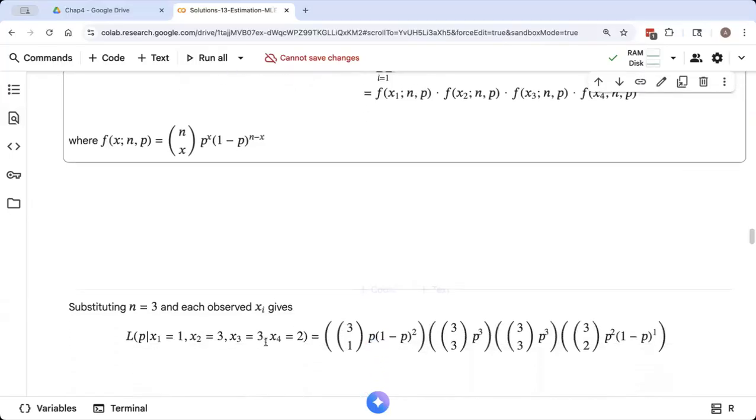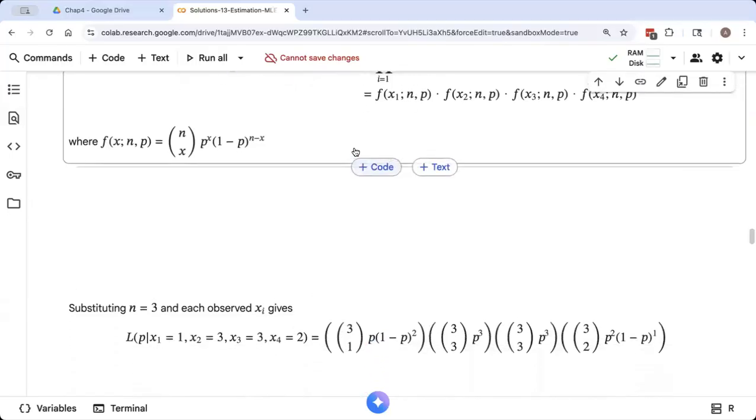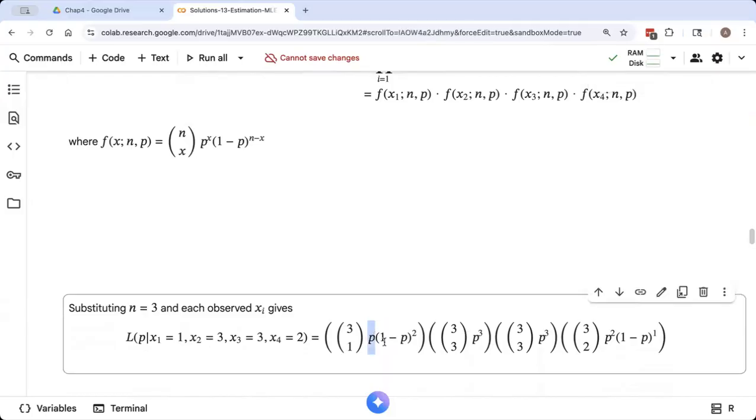Plugging 3 in for n in this formula, I'm going to plug in 1 for x. This first term gives the probability of getting 1 out of 3 balls that are green based on this proportion p, which is unknown to us. This second term is the probability that person 2 got 3 out of 3, and so on.